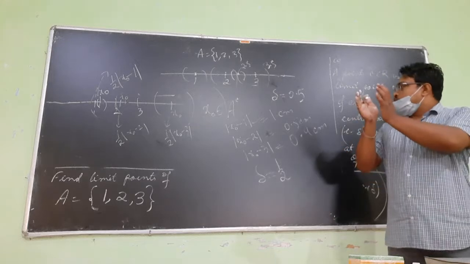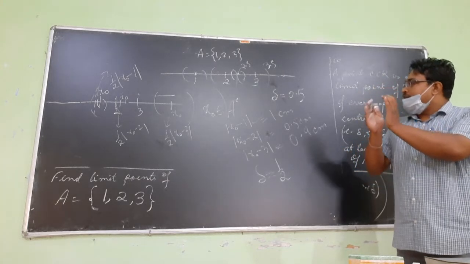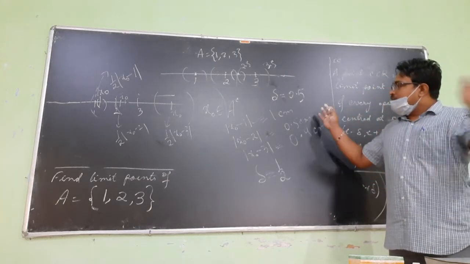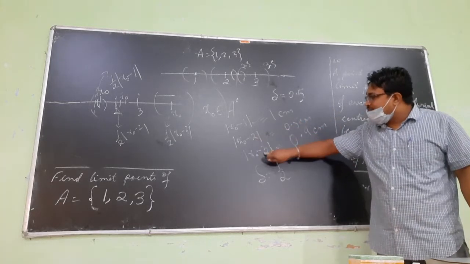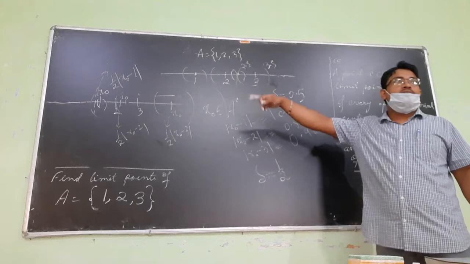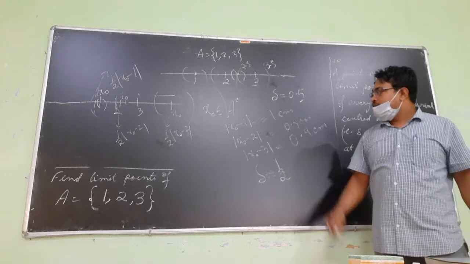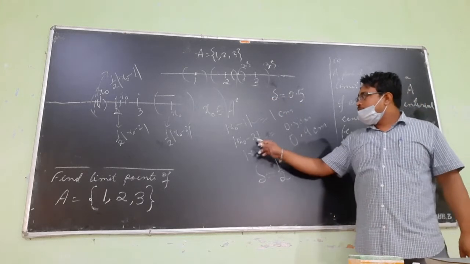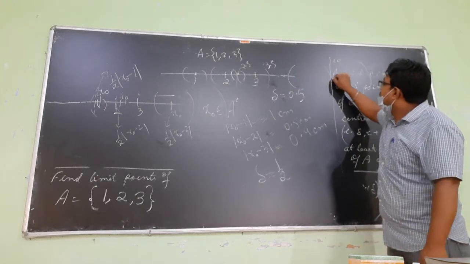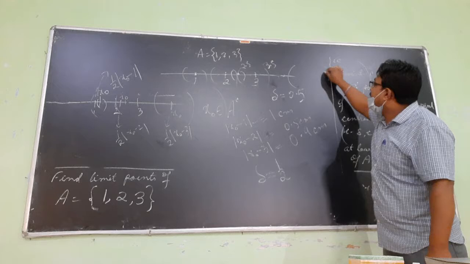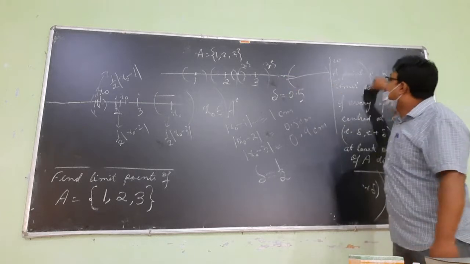If I construct an open interval having radius 1 centimeter, in that case the points 2 and 3 will be included inside the open interval, because x0 is at the center and x0 minus 1 is the largest distance.